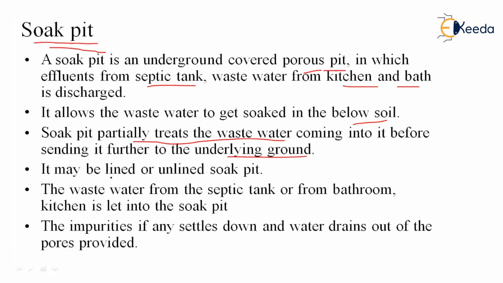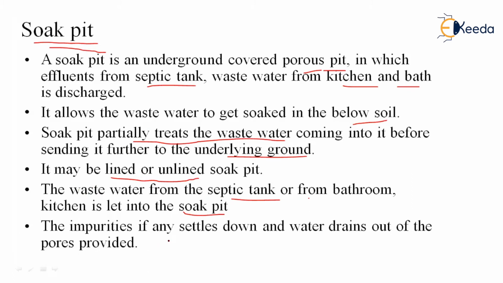It may be lined or unlined, that is, the walls of the pit may have concrete work or brick work or any other material, or it may be unlined. The wastewater from the septic tank, bathroom or kitchen is let into the soak pit to percolate down.